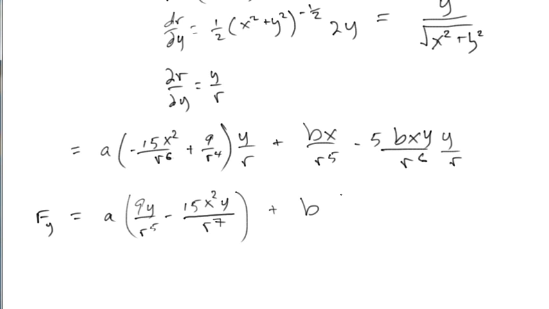So I will factor out a b though: x over r to the 5th minus 5 xy squared over r to the 7th.